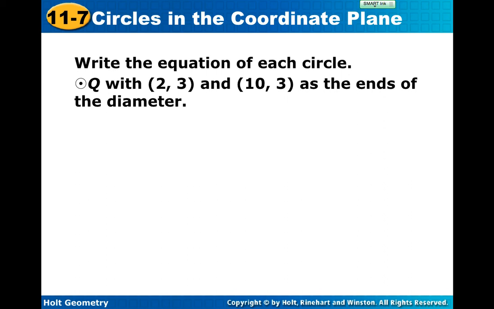Yeah. 6, 3, and 10, 3. No, 4. What's 10 minus 6? Oh.